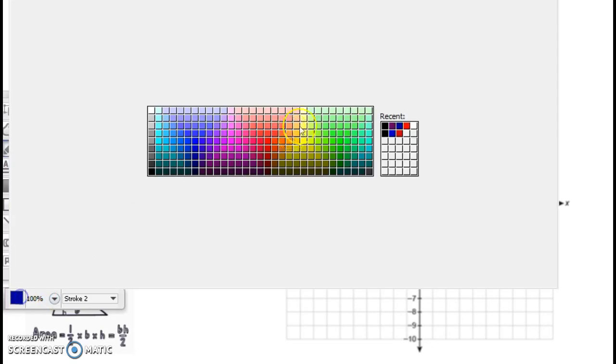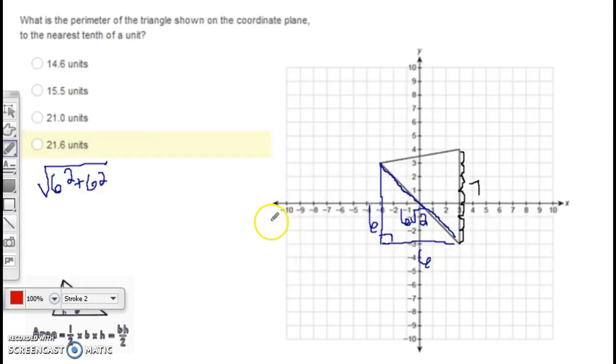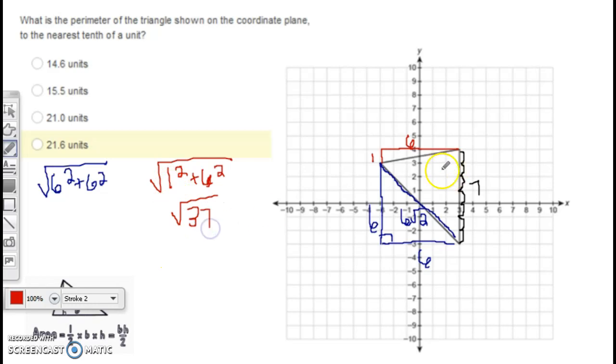And then I'm going to either use the distance formula or the Pythagorean theorem for the other side. Again, I'm just going to use Pythagorean theorem. I'm a pretty big fan of it. So I'm going to plug that into the Pythagorean theorem. This one I could probably do in my head, right? 6 squared is 36. 1 squared is 1, so this is the square root of 37.